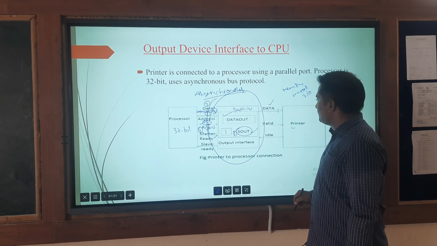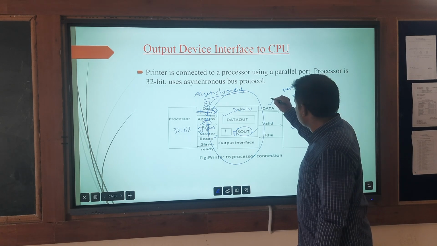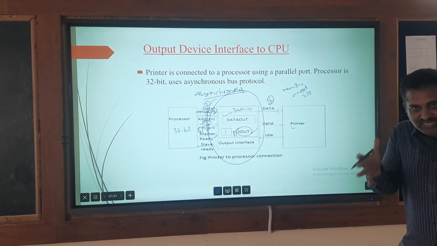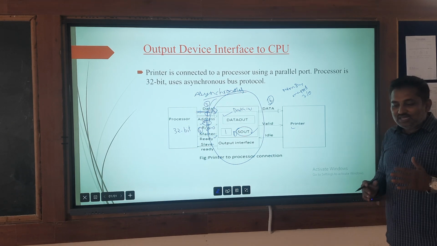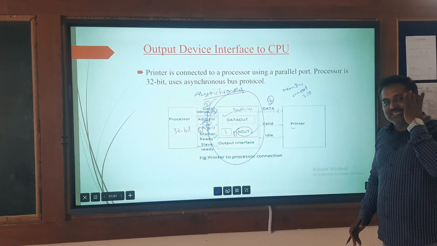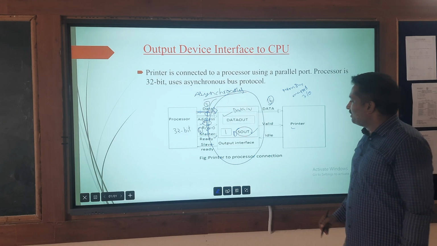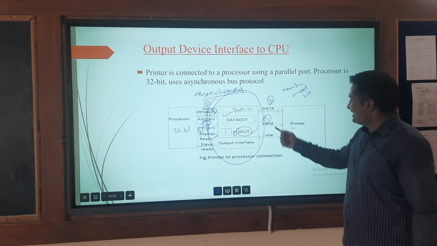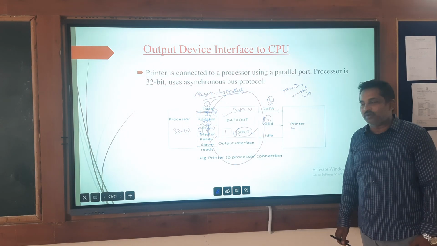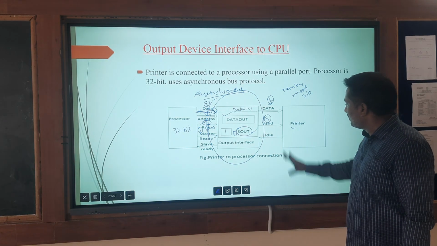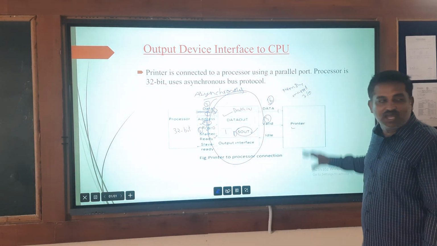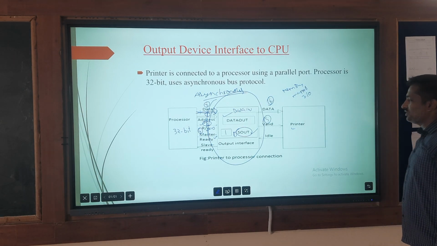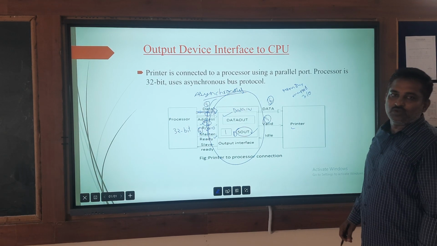That is step number 6. Why? Because before the printer receives the data, it has to verify whether it is valid data or not. That should be identified with the help of the valid signal, which is step number 5. Step number 6 is, once it is valid data, then the printer receives the data from the data out register to the printer.